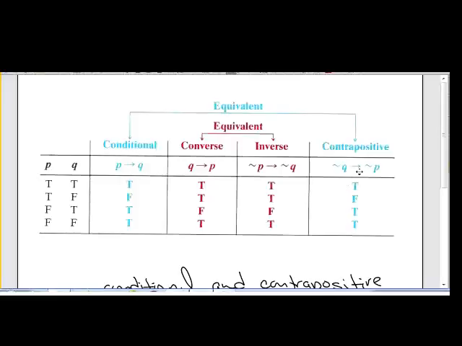And the contrapositive, if you did the truth table for it, you get true, false, true, true, which is the same as the conditional. So that's why you can make the statement that if the conditional is true, then the contrapositive is always true. And if the converse is true, then the inverse is true as well.